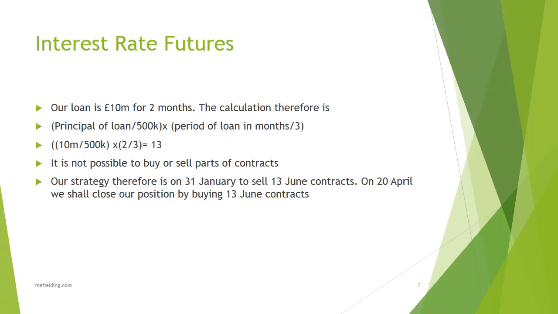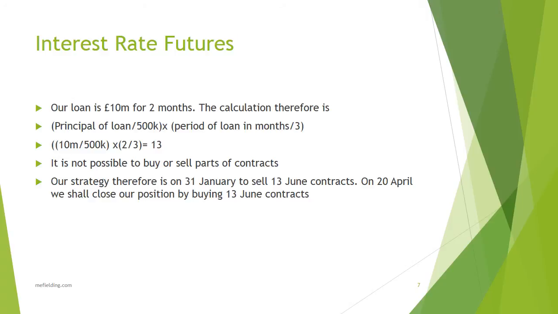So we've got 10 million that we need for 2 months. So it's 10 million divided by 500,000 multiplied by 2 over 3. I haven't got a calculator with me, but from memory, when you do that calculation, you come up with 13 1/3. So it doesn't give you an exact number. You cannot buy or sell parts of contracts, so you round it to the nearest.